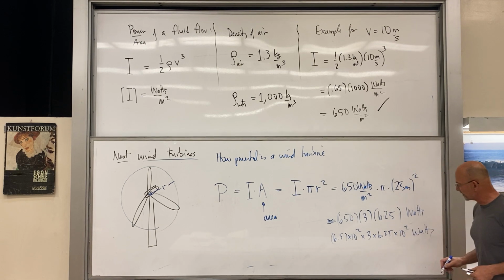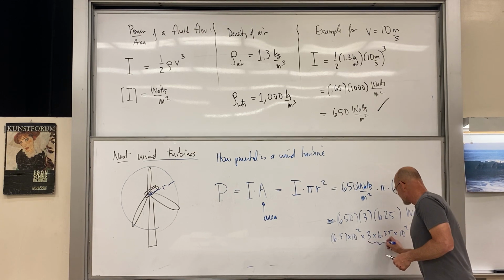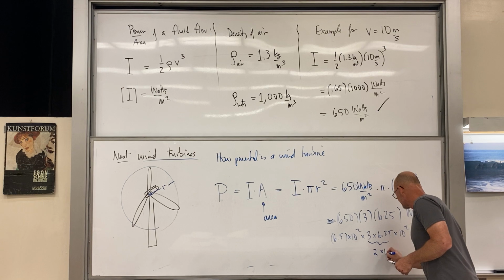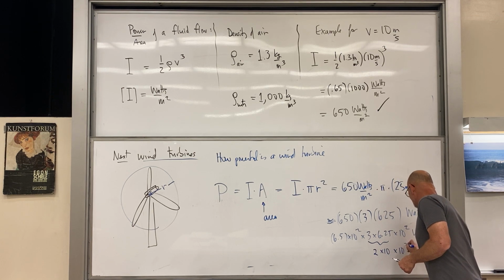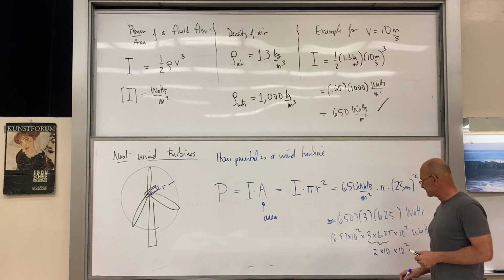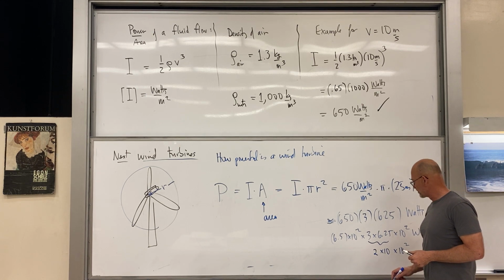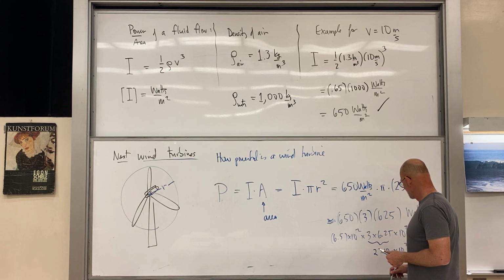We should be able to come up with something here. So 3 times 6.25, that's 18, so that's about 20. 2 times 10 squared. And then this 6.5 times 2 would be about what we started out with, 13, so 1.3 times 10.